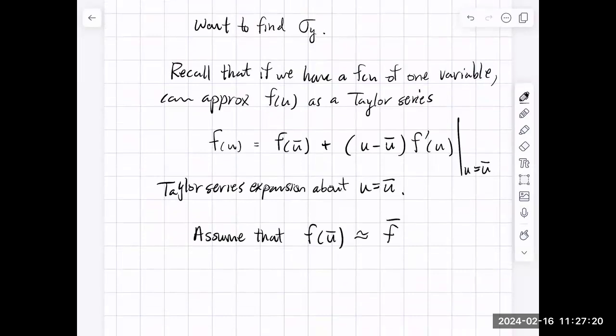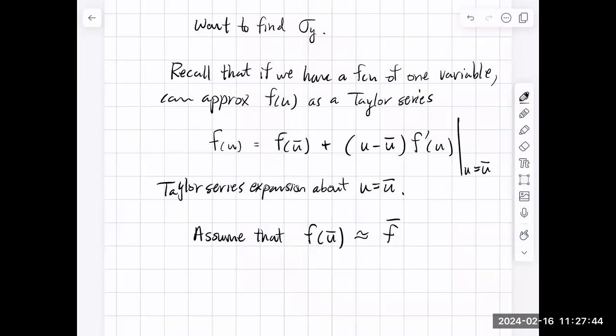So let's imagine, maybe we made a whole bunch of measurements of u and then we average them, we find the mean of them. So maybe that's what we mean by u bar. What we're going to assume is that if we were to calculate the value of f at each of our measurements of u and then average f, that these two are similar.